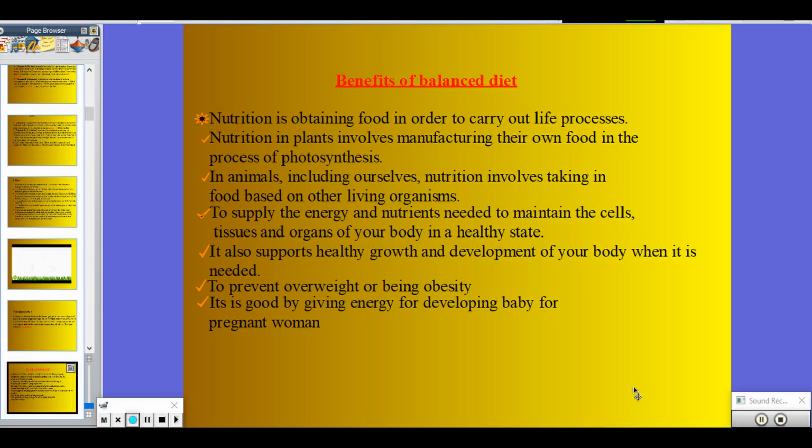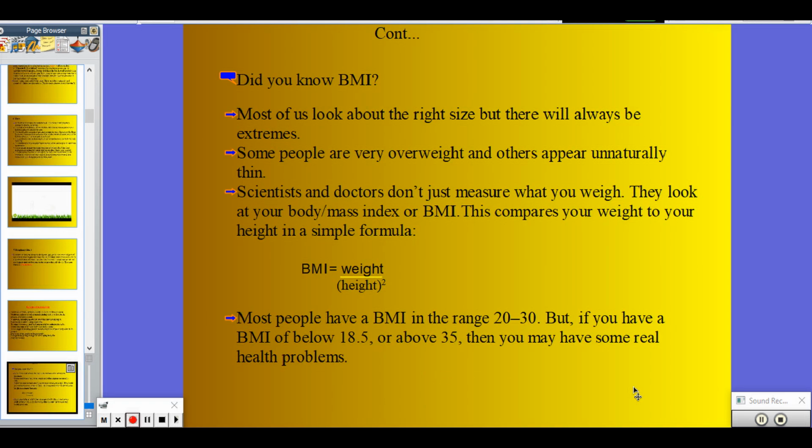A balanced diet also supports the healthy growth and development of your body and helps prevent being overweight or obese. It is good for giving energy for developing a baby for a pregnant woman. Those are the benefits of a balanced diet.